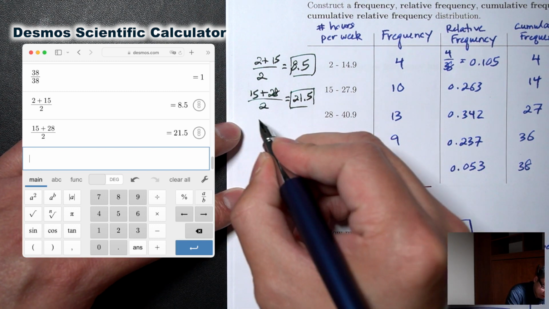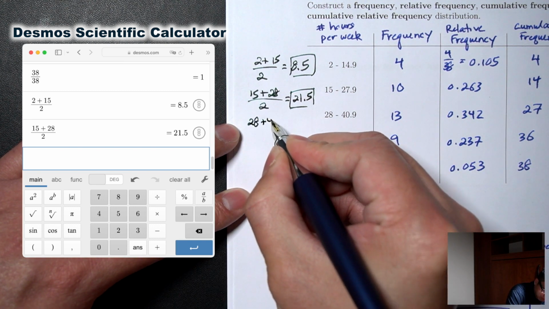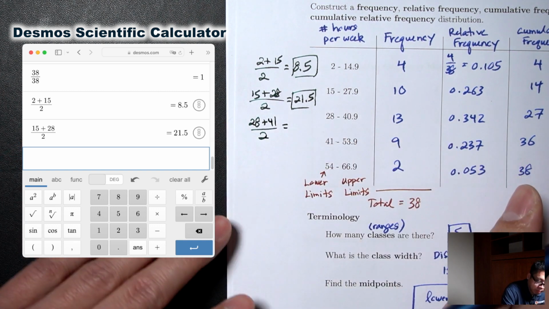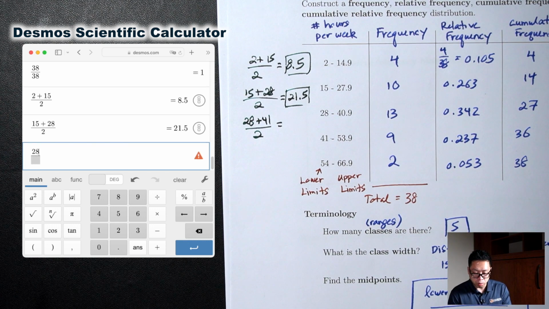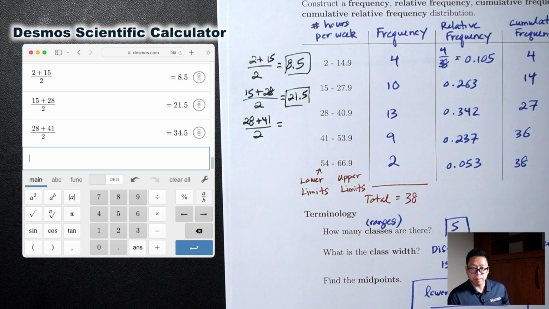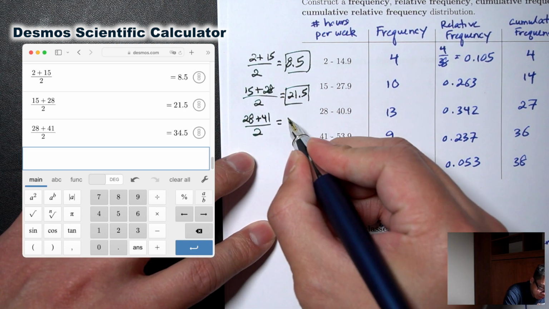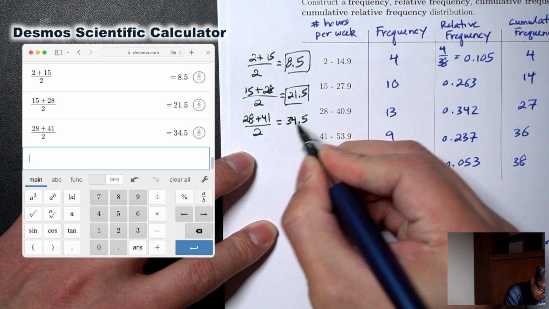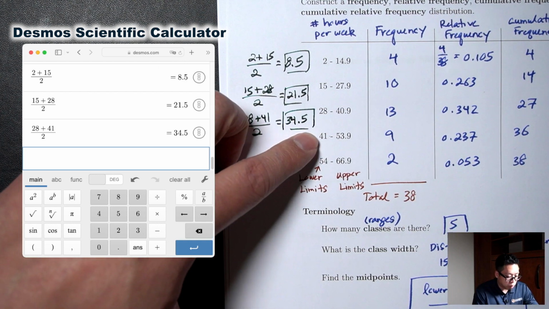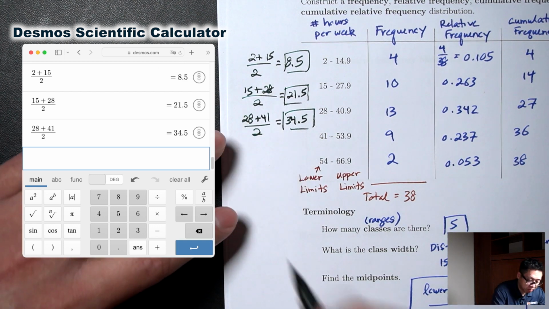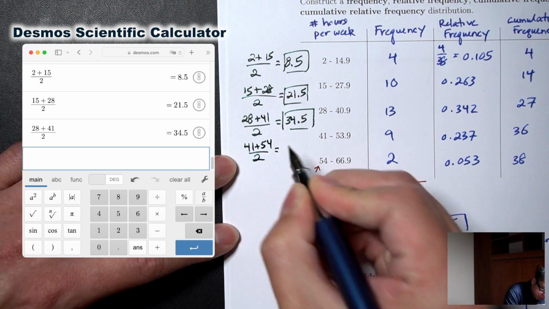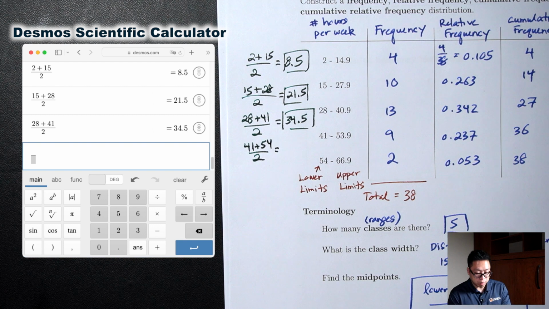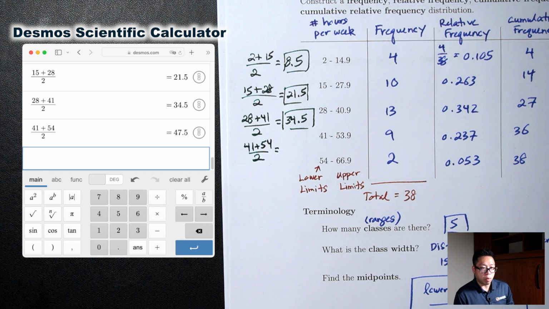So 28 plus 41 over 2. Fraction up top, 28 plus 41 over 2. 34.5. Next one, 41 plus 54 divided by 2. Fraction, 41 plus 54 on top, 2 on the bottom, 47.5.